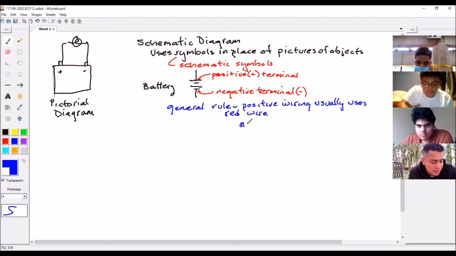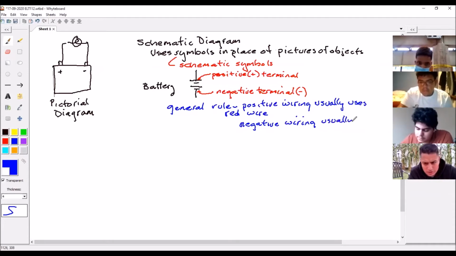And the negative terminal, or the negative wiring, usually uses black wire.